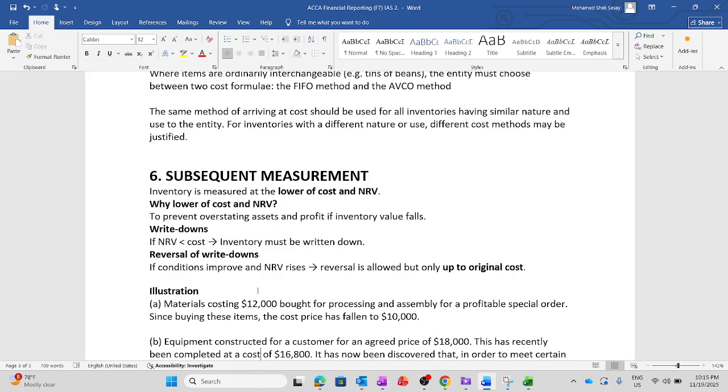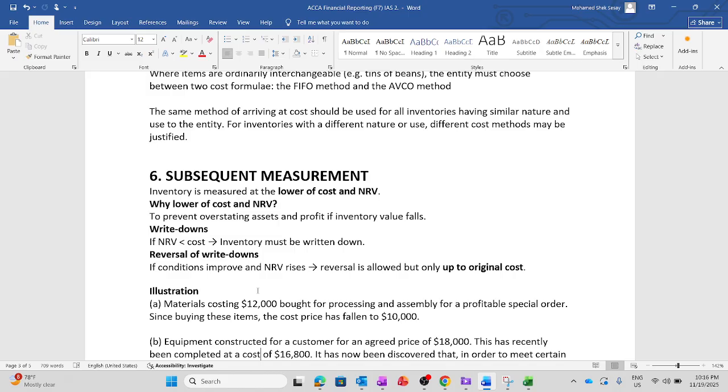So the basis is that we need to prevent the overstating of assets as well as profits if the inventory value falls. So the concept is telling us that if the NRV is less than the cost, inventory must be written down, which is obvious. Then we also need to look at the reversal of the write-down, which we need to account for.